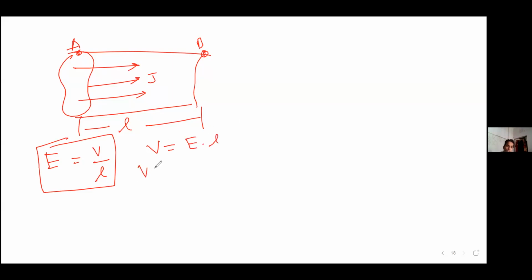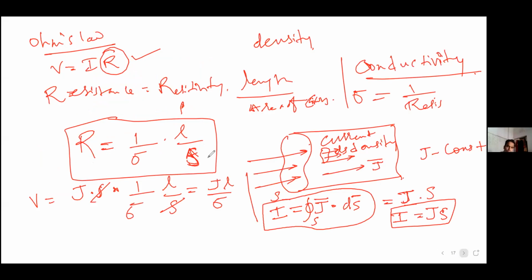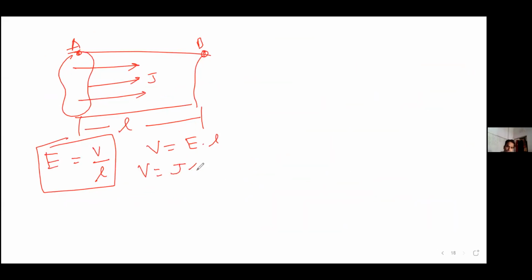And we have already obtained V from the previous derivation: V equals J L upon sigma. So from these two relations, what do we get? We get E equals J by sigma.